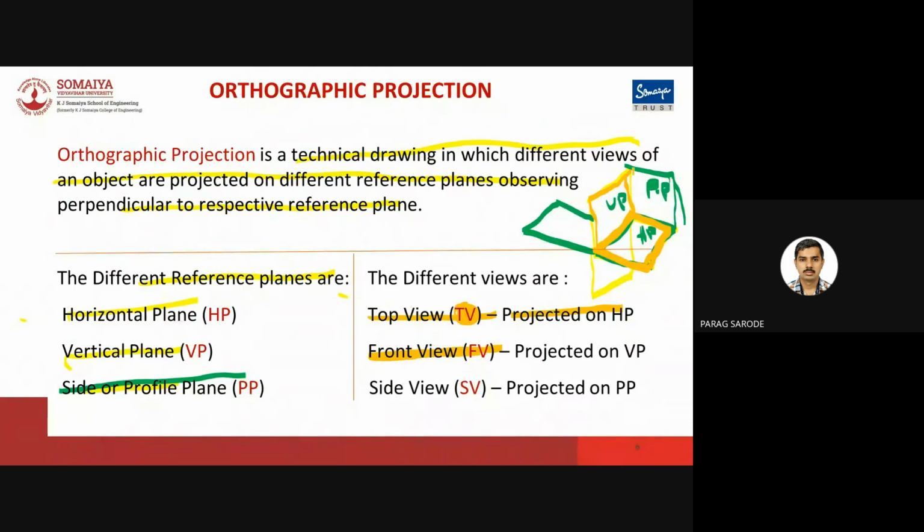And the profile planes are perpendicular to the vertical plane and the horizontal plane, one on each side. So the profile planes are the left one and the right one. There will be two profiles, so based on that you will get either the left-hand side view or the right-hand side view. Are you able to understand now?